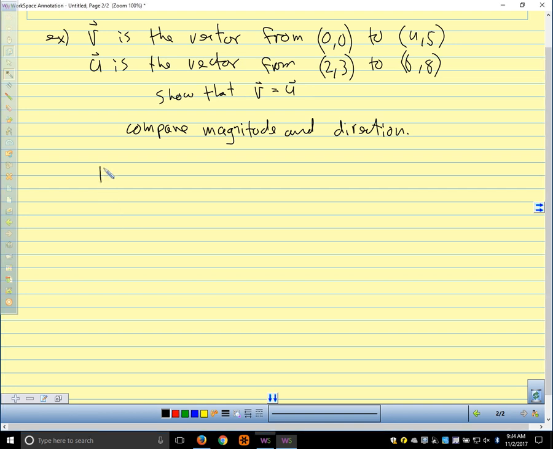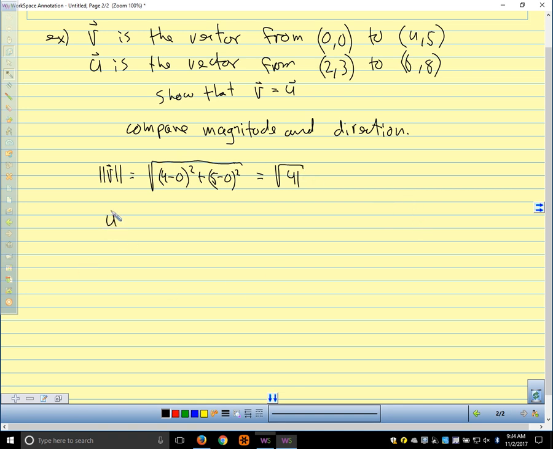So the magnitude of V is the distance formula, square root of (x2 minus x1) squared plus (y2 minus y1) squared, so 4 minus 0 squared, plus 5 minus 0 squared. And this is going to be the square root of 16 plus 25, square root of 41.